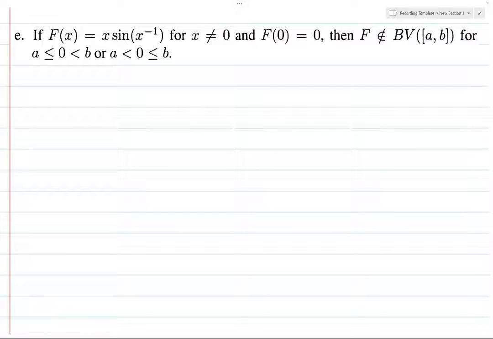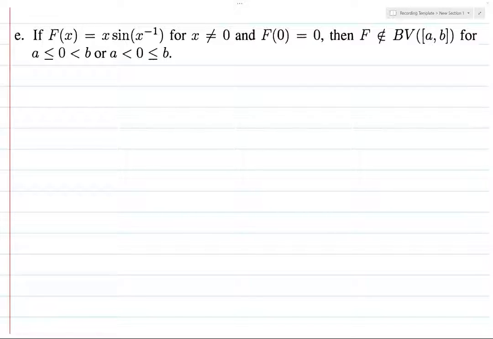But if the function happens to be of bounded variation, you can define it as the difference between Tf of one endpoint minus Tf of the first endpoint. If the function is not of bounded variation, you can't define that, because that might be infinity minus infinity, and that's not well defined. So that's the issue I ran into there. But thankfully, in this next part, we can get around that.